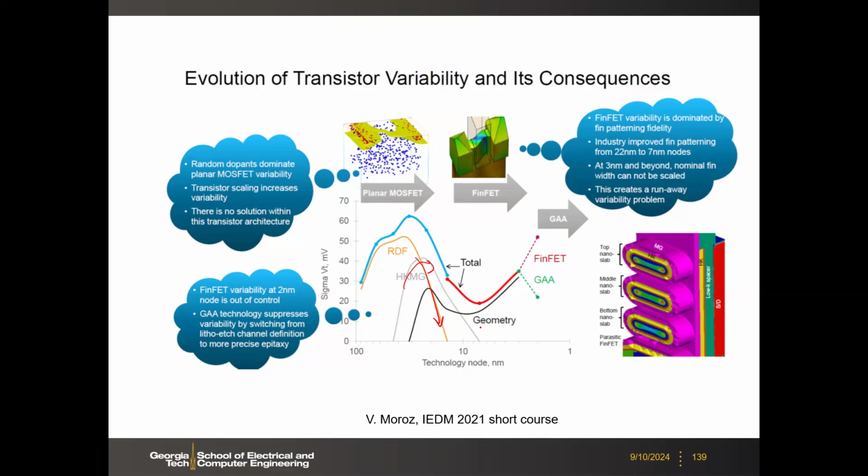This geometry variation, like LER, then kicks in, especially for the FinFET. As you narrow the fin and make the fin higher and higher, this geometry effect will play a more and more important role.